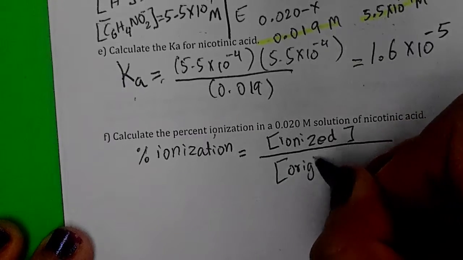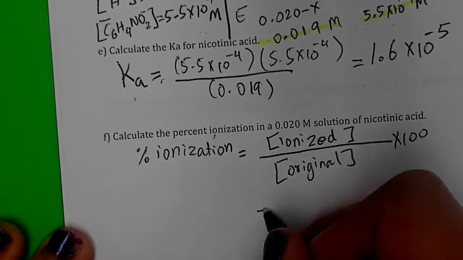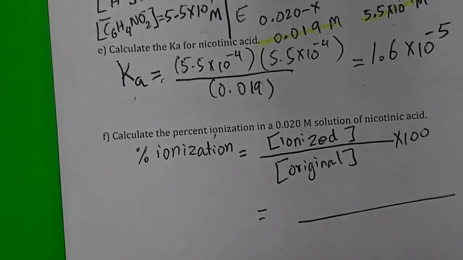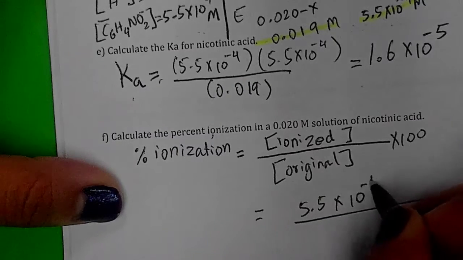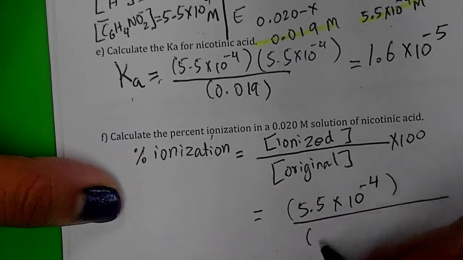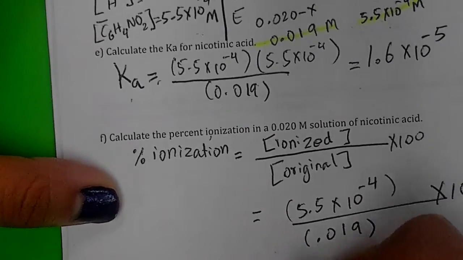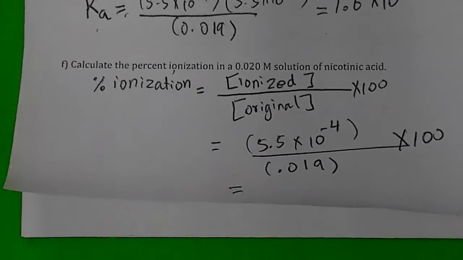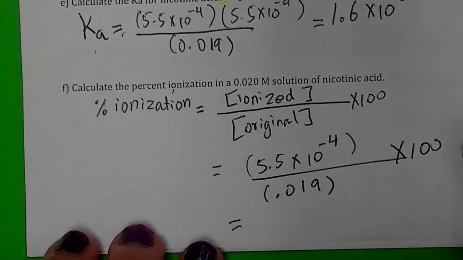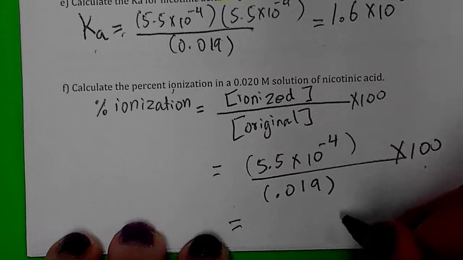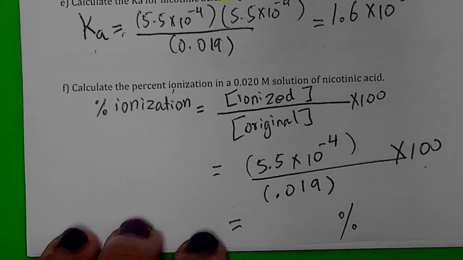So is it just 1.5 times 10 to the negative something divided by 0.019, and then times 100. All these percent questions end with the multiplier of 100, and your unit is always in percent. Okay. So what do we get?